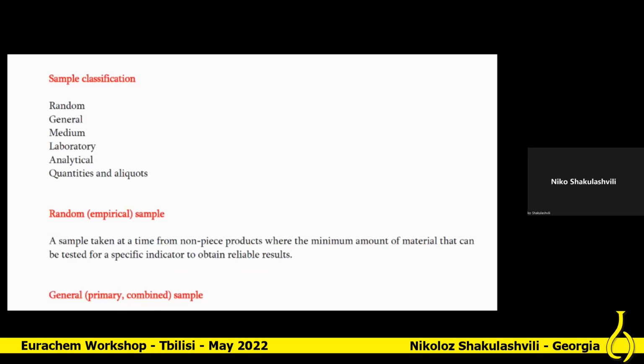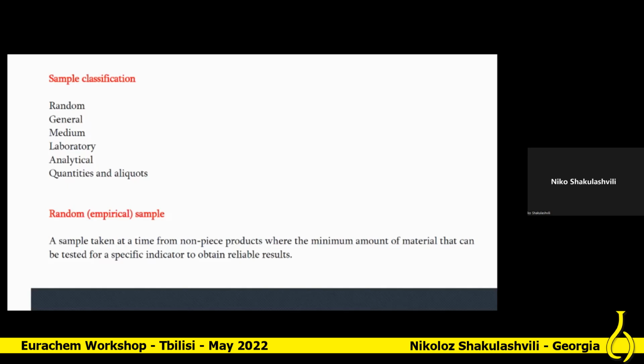So we have random, empiric samples also. These are the samples where we have minimum size of the material, the characteristics of which shall not differ from the main item that we are going to analyze, and this should give us a reliable result based on these specific indicators.